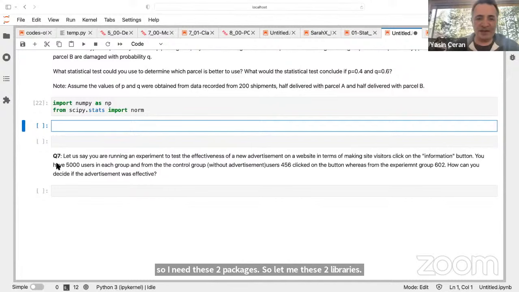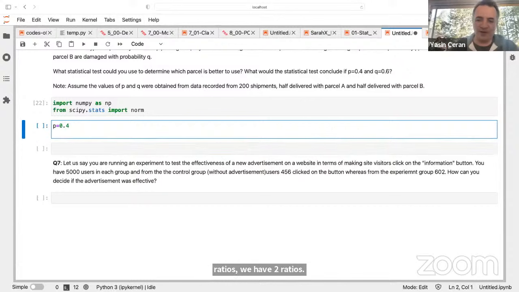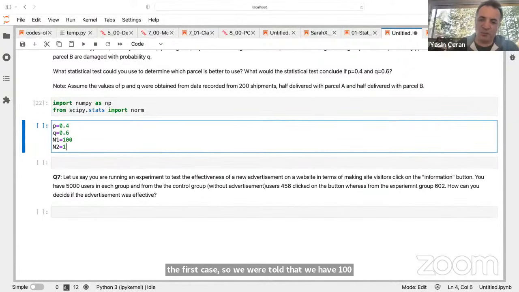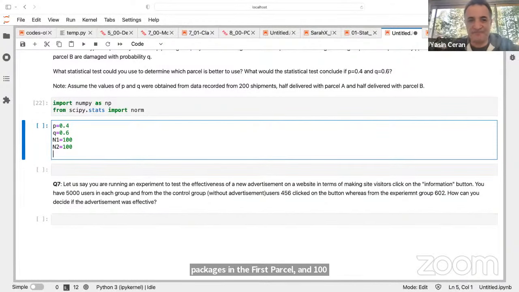Now we have two ratios, so let's use them. P is 0.4 and Q is 0.6. We were told that we have 100 packages in each.